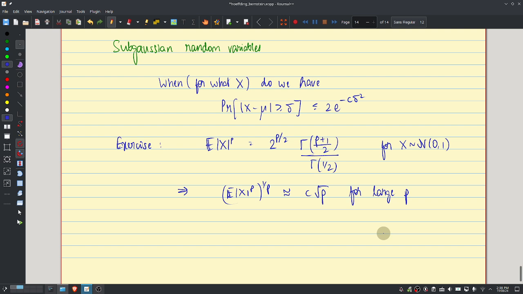So all of this is still for a Gaussian, and this is something that you can show just by using Stirling's approximation.